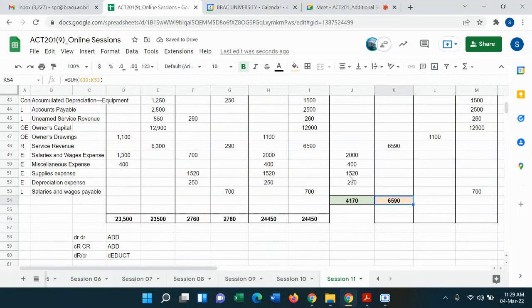Now another objective: whenever we prepare a statement with debit and credit columns, we have to equalize both sides. The highest one should be recorded, so to make the total 6590, to equalize both sides, how much should we add here?